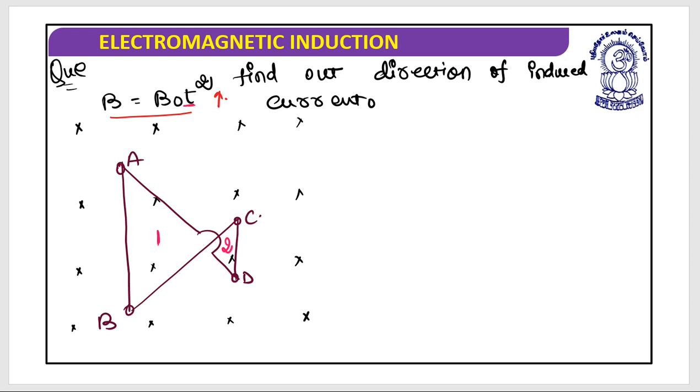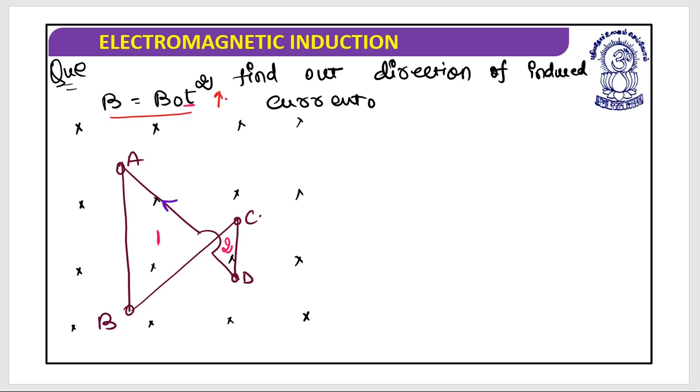As this is an increasing magnetic field, you need to flow the current in the anti-clockwise direction, because it can produce a magnetic field in the outward direction. So this will be something like this.